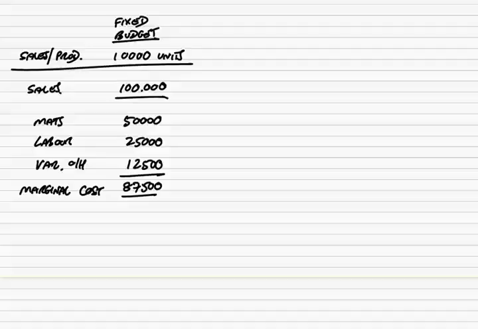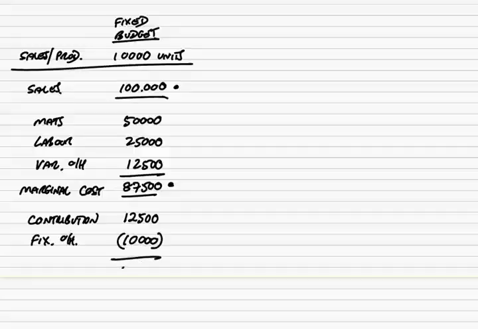And so the profit so far, we've got sales of 100,000, the variable cost is 87,500, so the profit so far is 12,500. That's the profit before fixed overheads. That, remember, is the contribution. However, there are fixed overheads of 10,000, and so the final budget profit, 2,500.